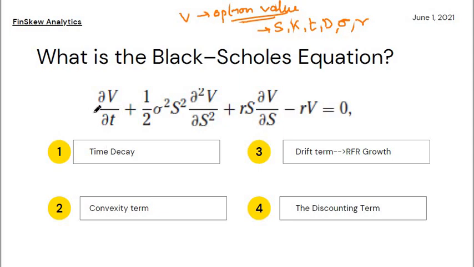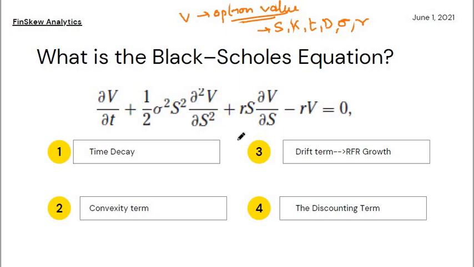Yep. So the Black-Scholes equation is: delta V by delta T plus half of sigma square S square delta square V by delta S square plus R S delta V by delta S minus R V equals 0. Now, at first, this equation might look a bit intimidating, but please try to relate it with the Taylor series, wherein we have first order derivative, second order derivative, and 1 factorial, 2 factorial.